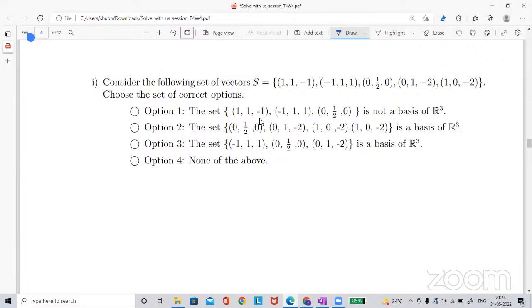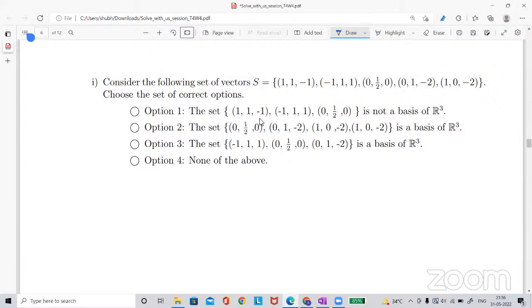For a vector space, the general thing is that it has many bases. It will not have only a unique basis; there can be different bases, infinitely many bases for a particular vector space.